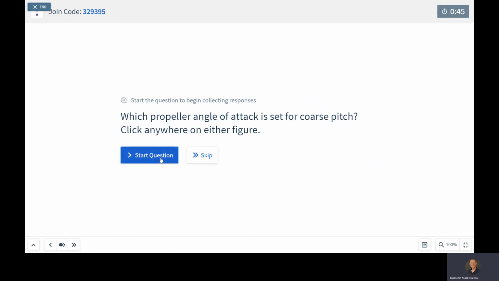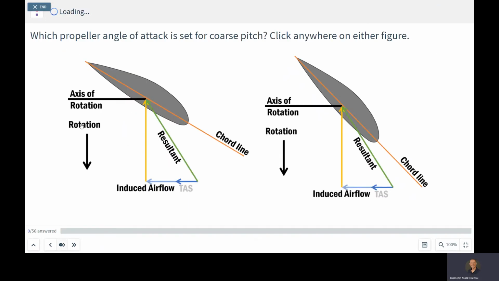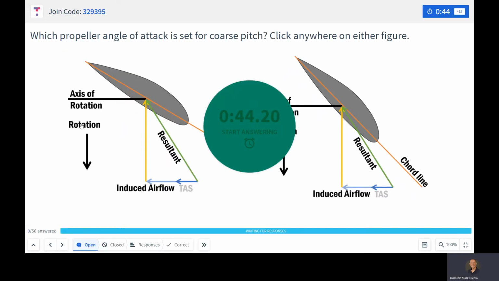Which one is set for a coarse pitch? Do you understand the term coarse pitch?